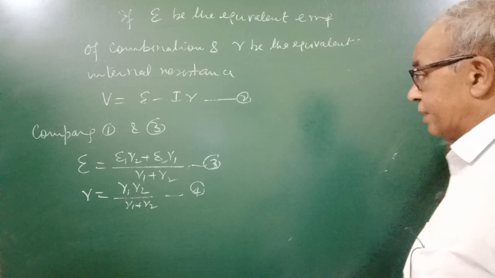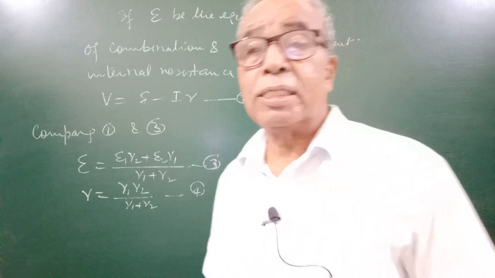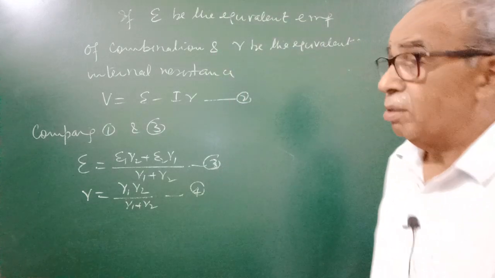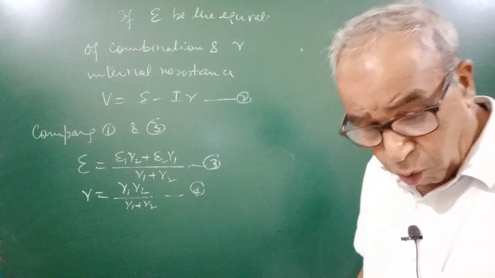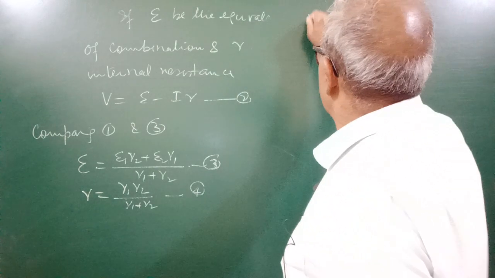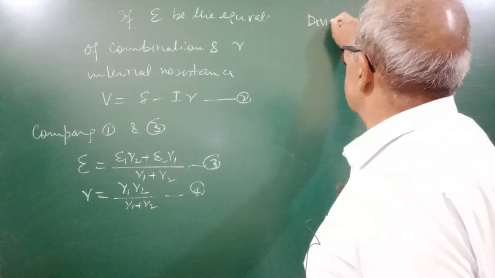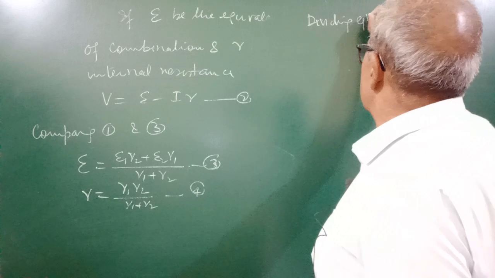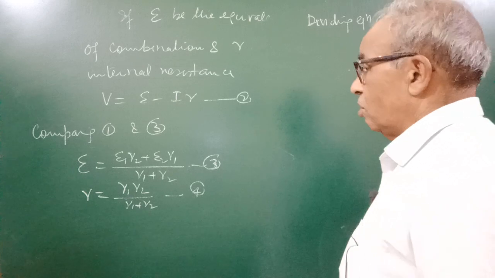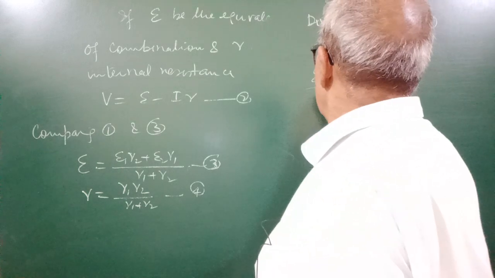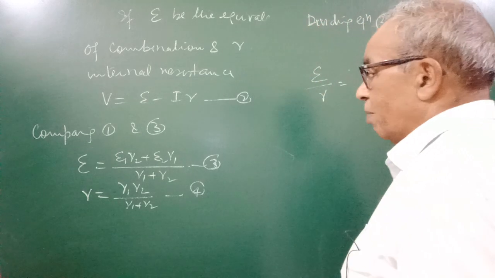Parallel resistance is simple, because a cell has two characteristics, EMF and internal resistance. Both should be considered. Okay, what is the equivalent? Now, if I divide equation 3 by 4, we get E upon R is equal to, what will it be?